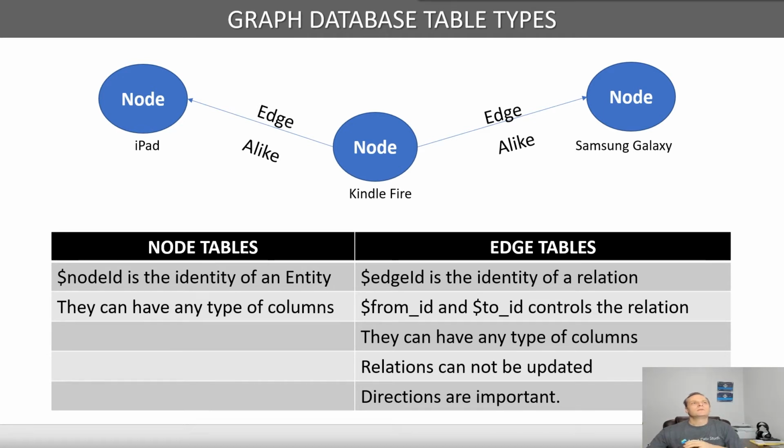And you can create a like edge table, and you can make the relations between them. So when a user goes to the Kindle Fire page, you will easily find what other products we have like Kindle Fire. You will easily find iPad and Samsung Galaxy and show them at the bottom of the page, just like Amazon, by using the graph database tables.